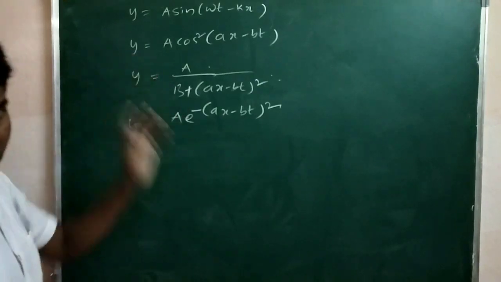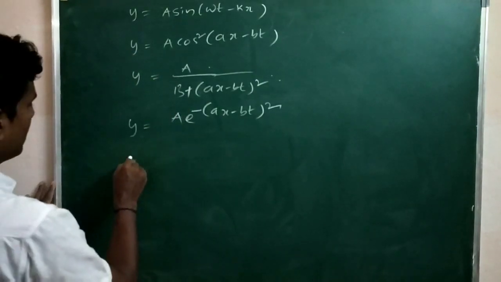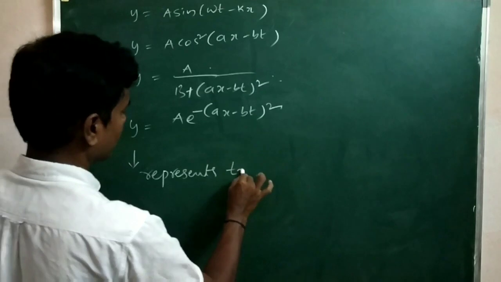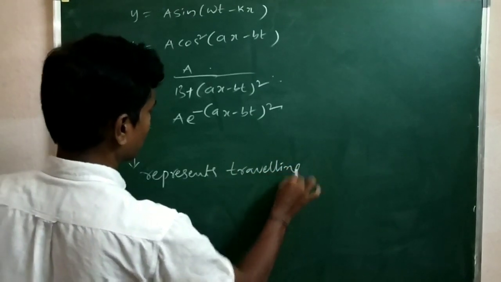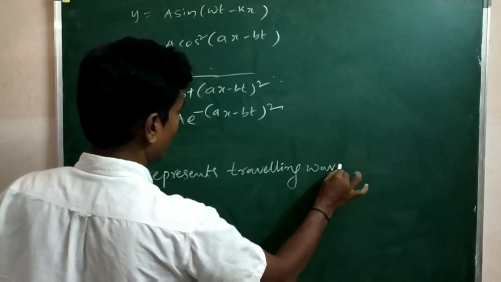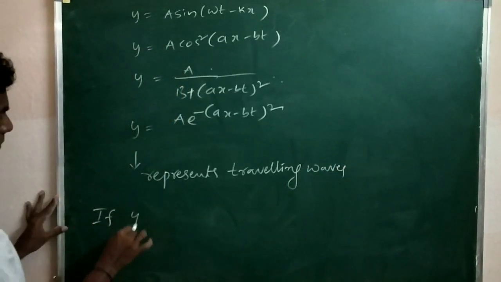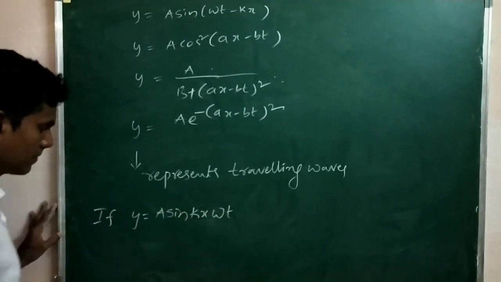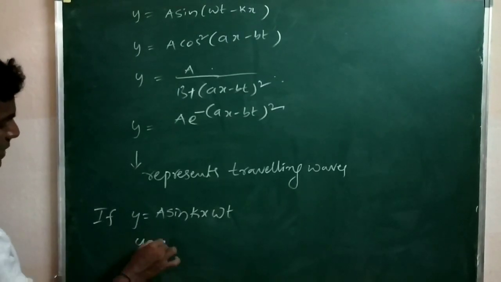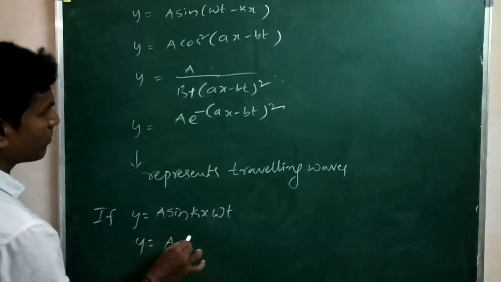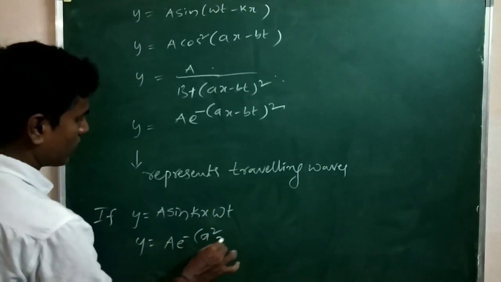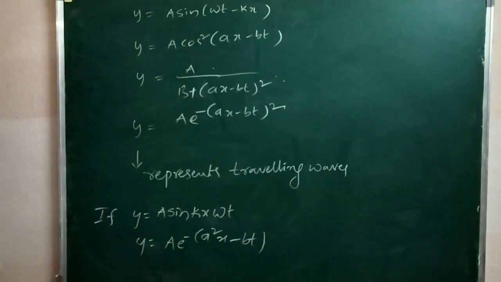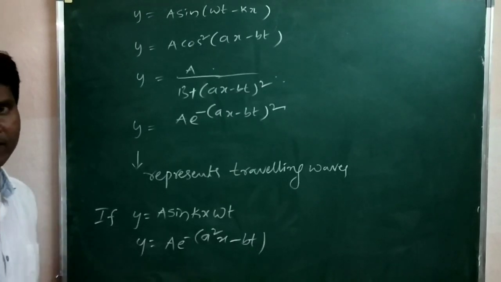Equations like these represent traveling waves. If y equals a sine kx omega t, or y equals a e to the power of minus of a square x minus bt, they do not represent traveling wave equations.